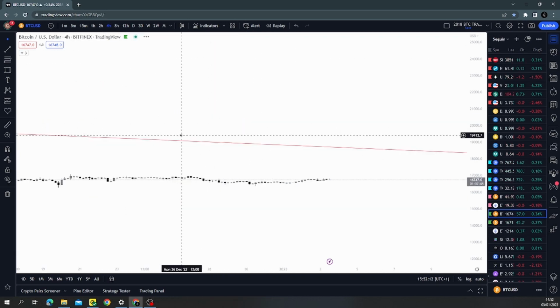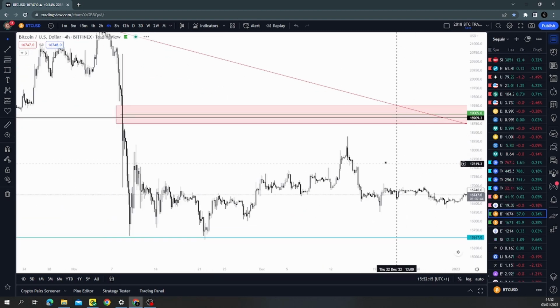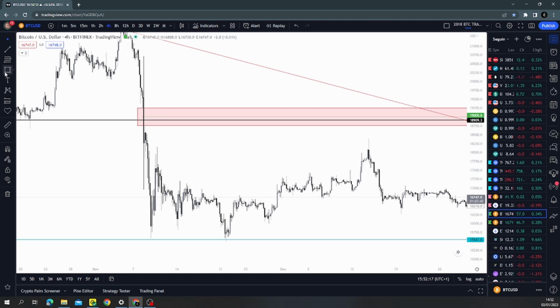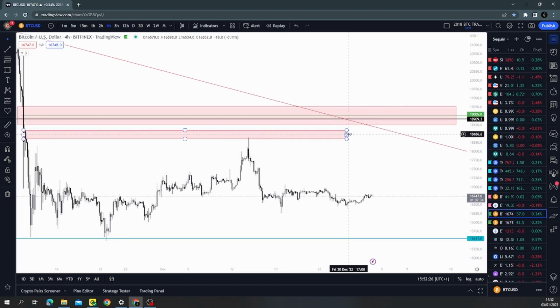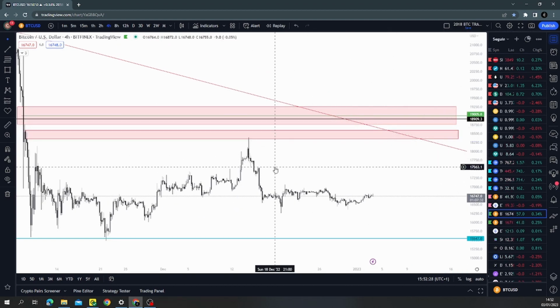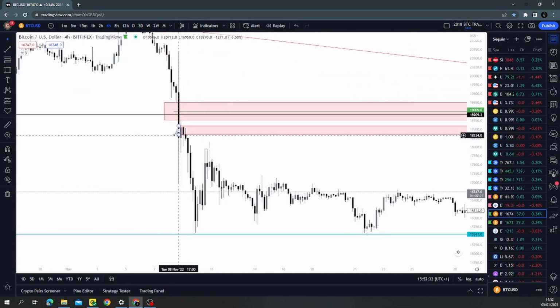we're gonna go to smaller time frames, and we can see here that we have another block here. You can see here, perfect. This is called another block.